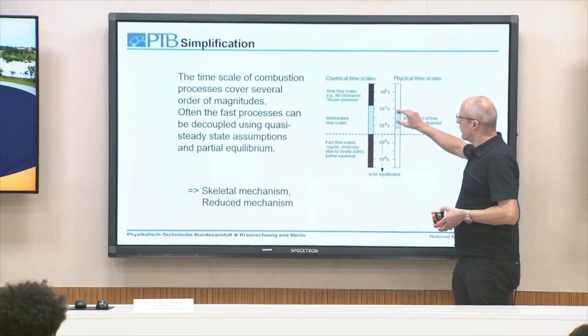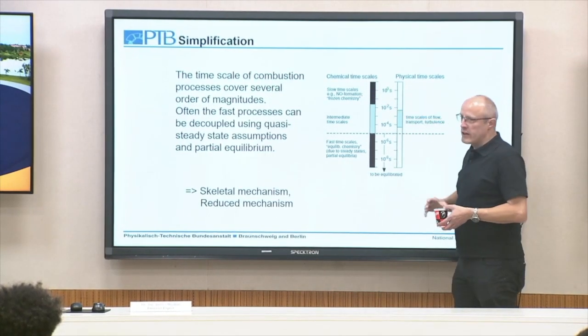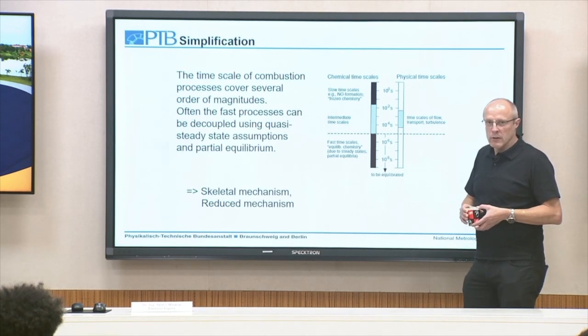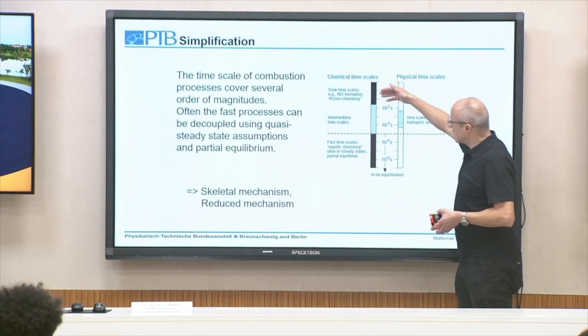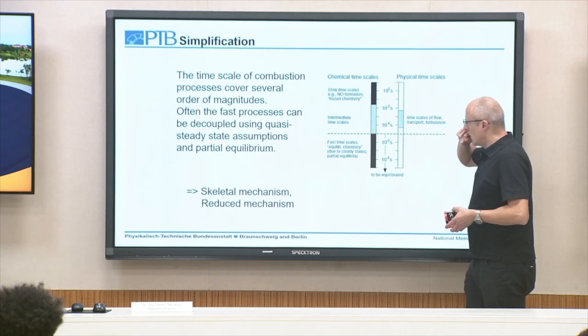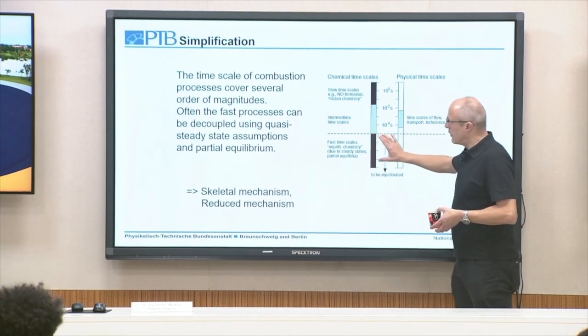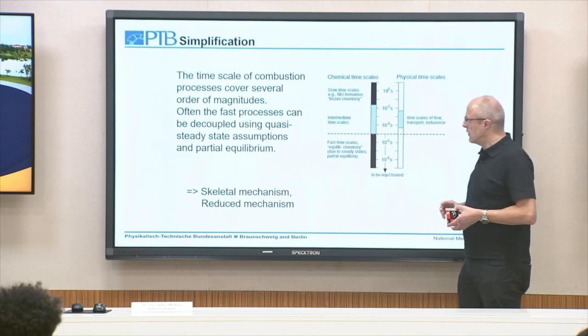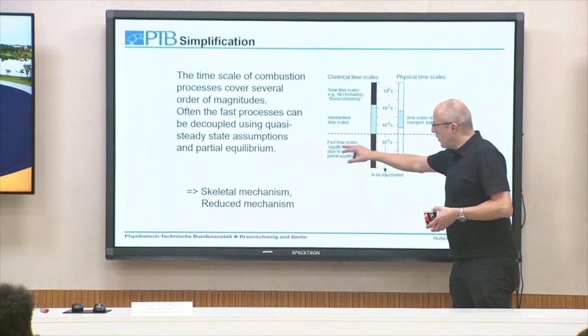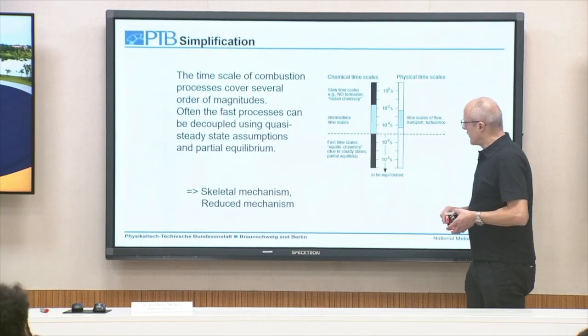So for example, NO formation does not happen normally in the flame front, but later in the exhaust gas. Then we have these intermediate time scales, but we also have very fast time scales. So we can call this equilibrium chemistry.